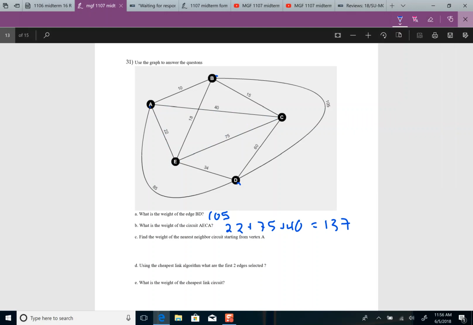And the next one says, find the weight of the nearest neighbor circuit starting from A. So I'm starting at A, and I can see 85, 22, 40, or 10. I definitely want to pick 10. And now I'm at B, so I say, would I go 105, 15, or 18? So I say, well, let's go 15.